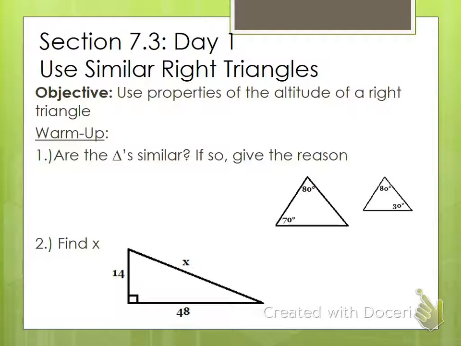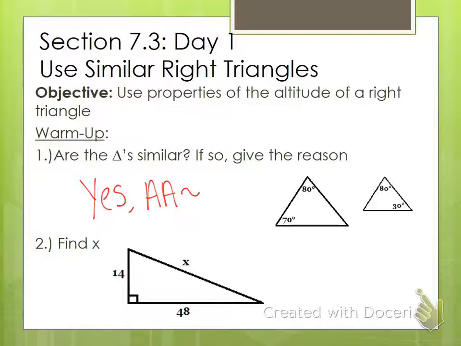To warm up, are the triangles similar? If so, give the reason. Anybody decide if these triangles were similar, Deidreana? Very good. Yes, these triangles are similar by angle-angle similarity.